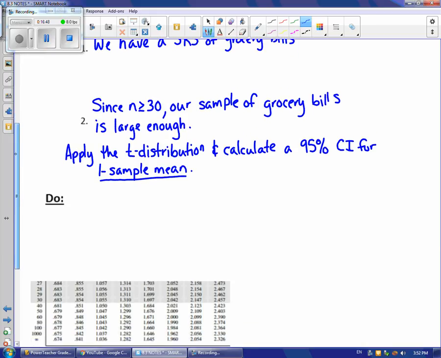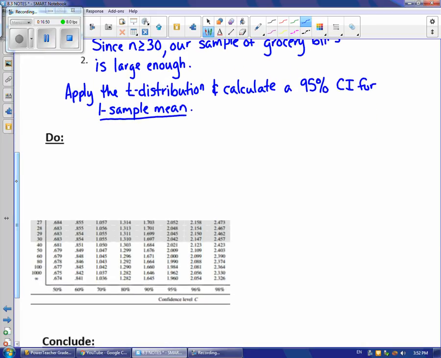All right, let's make our interval. Okay, remember, we're going to use our statistic plus or minus our critical value times the standard error. And that's going to be our equation for our means.